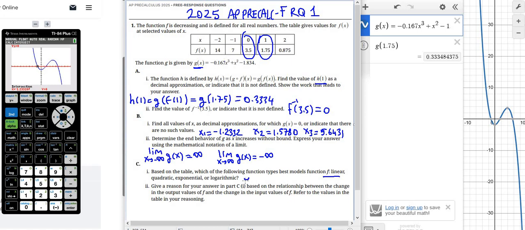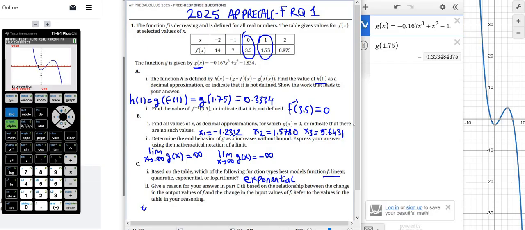So we could model it as exponential. And the reason is, as input values are increasing over equal intervals, the output values are decreasing exponentially, which is 50%.